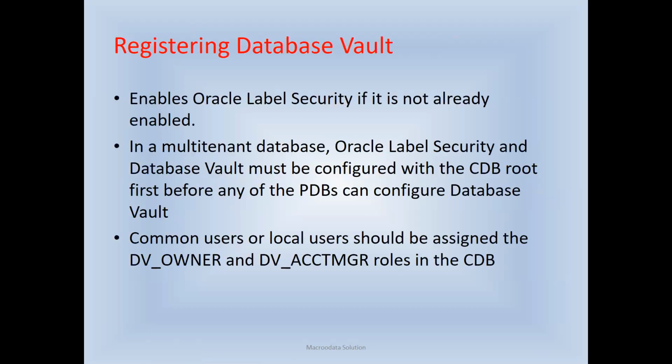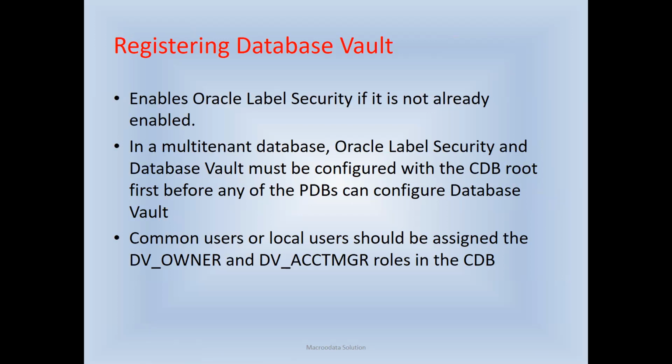Okay. So now to configure it, we first have to enable Label Security on the database. In a multitenant database as well, we first have to enable Oracle Label Security. Then we have to enable Database Vault, first on the CDB root and then on the PDBs.